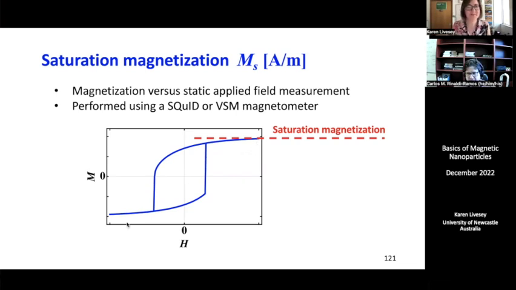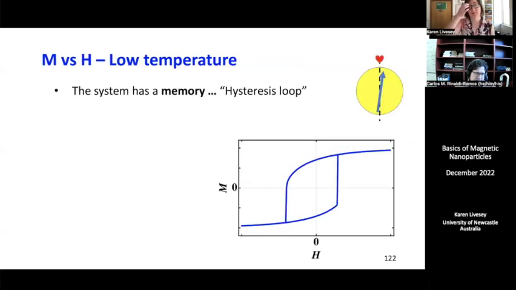Now, you might have also noticed with this plot, and we'll talk about this in the next couple of slides, this curve of magnetization versus applied field has this opening, which is quite interesting. But we can understand that in terms of some of the concepts we've developed in the last two parts. This plot of magnetization versus applied field is one where we're probing the particles at low temperature.